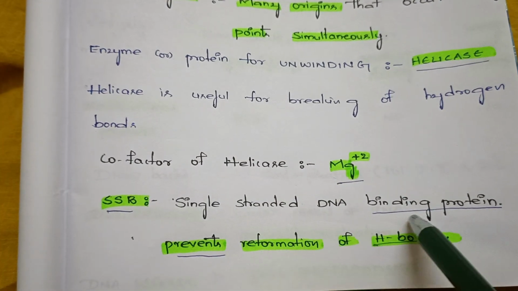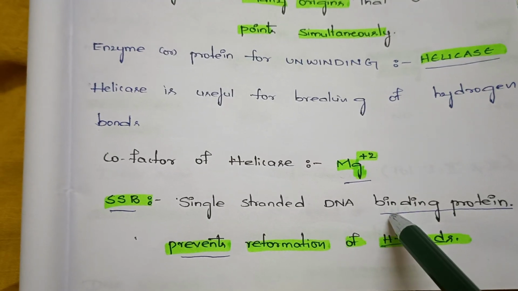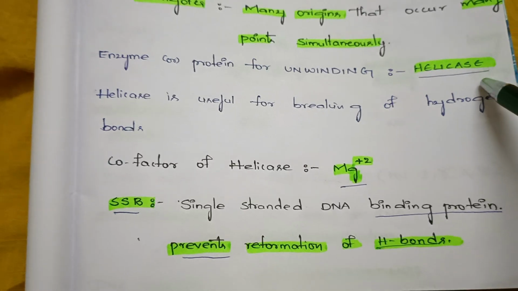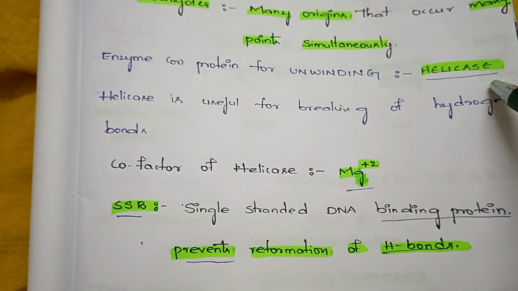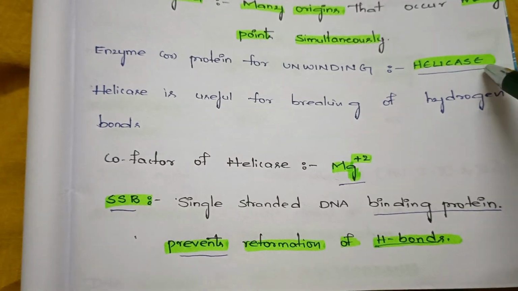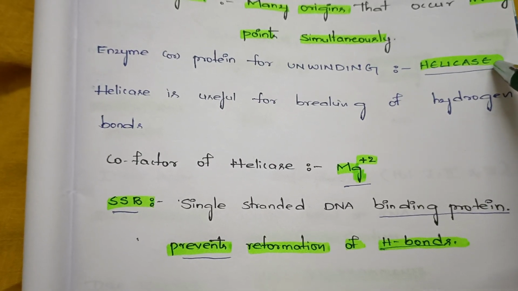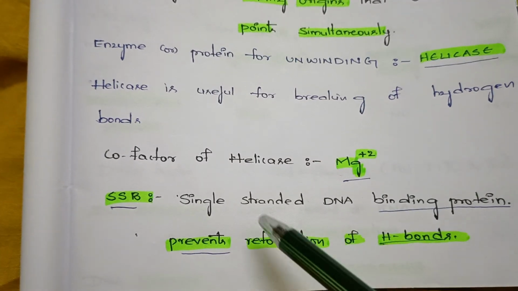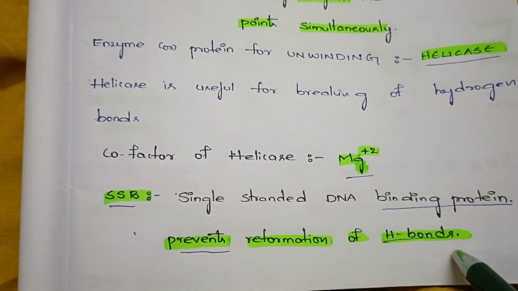What will the single stranded DNA binding protein do? First the helicase enzyme unwinds the two DNA strands by breaking down the hydrogen bonds. Afterwards, during replication, the SSB prevents the reformation of H bonds.